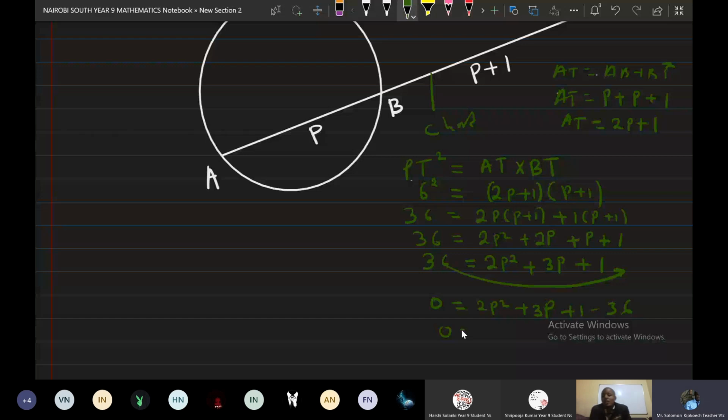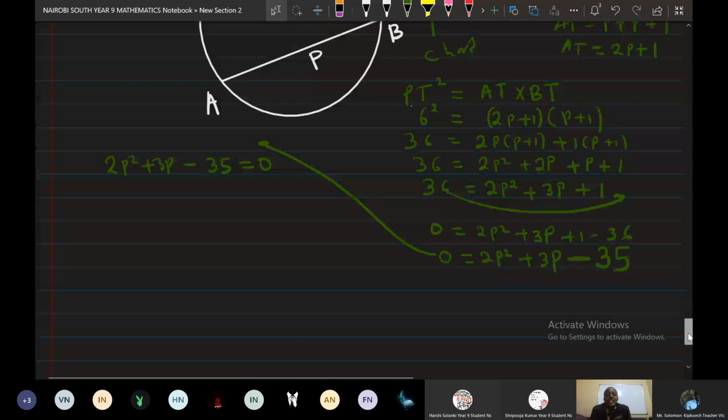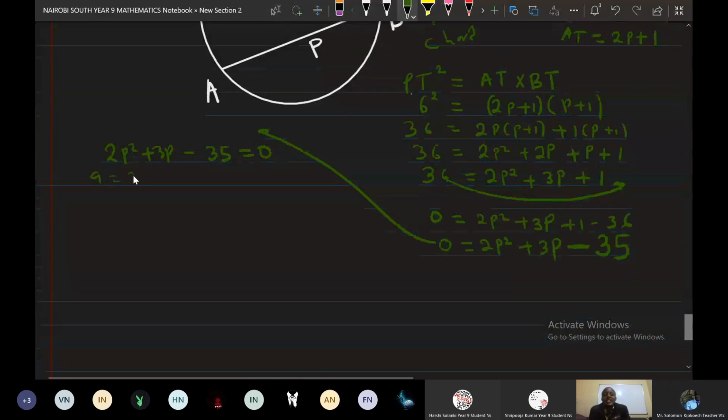I always tell students, when you get such an equation, sometimes it is tedious to work with product and sum when you don't know whether it will have decimal values. So I always advise students to use the quadratic formula where A is 2, B is 3, C is negative 35.